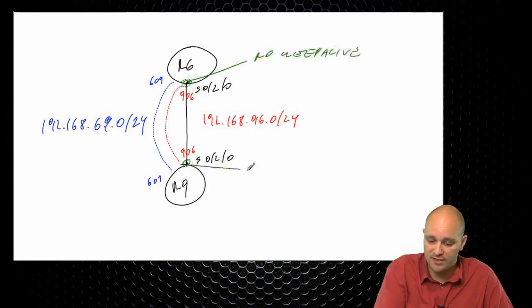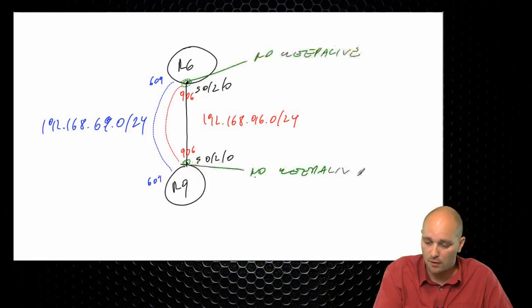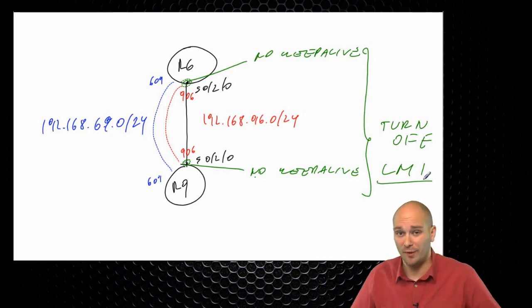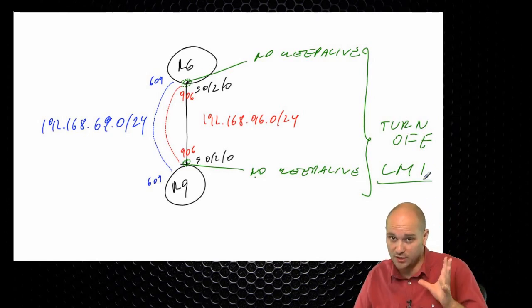Now, when we do this no keepalive here, basically what we are going to say is we are turning off the LMI. So there will be no inquiries, therefore there will be no loop. So this is one solution for this.